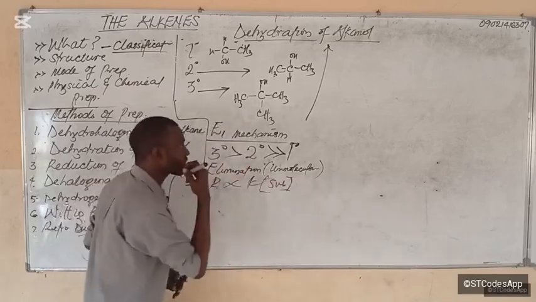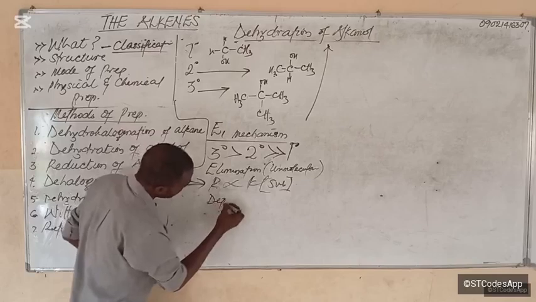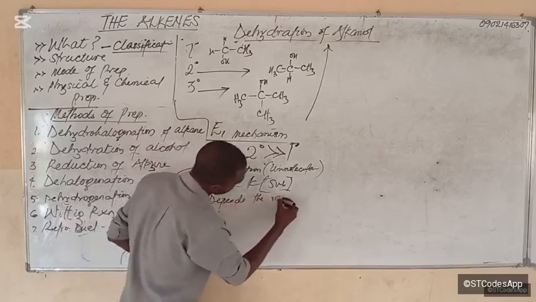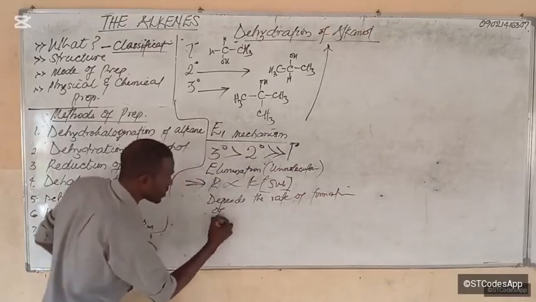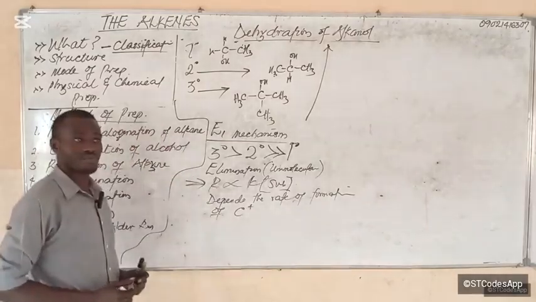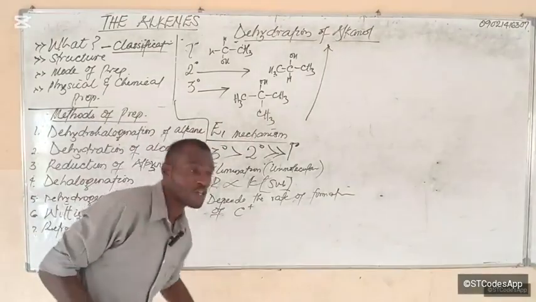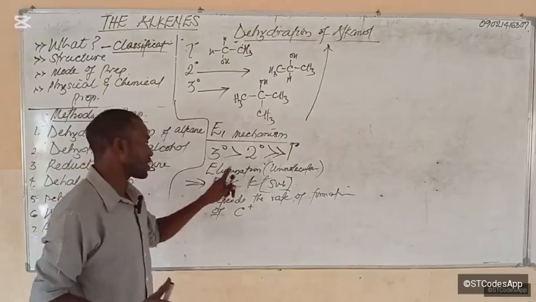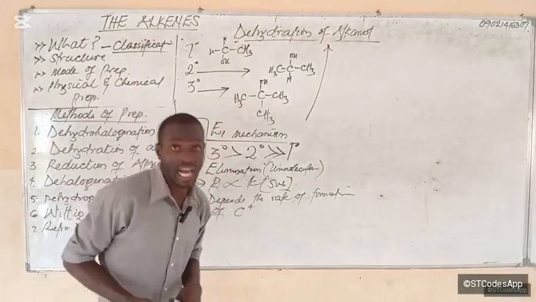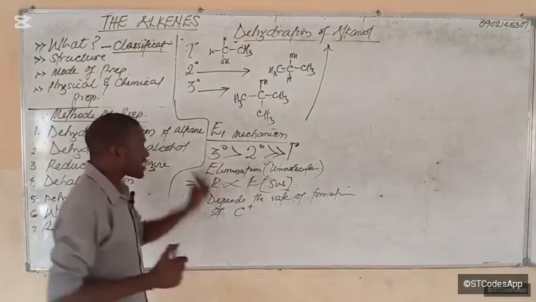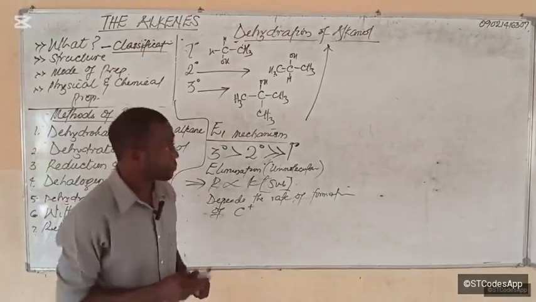This reaction rate depends on the rate of formation of the carbocation. So the rate of formation of the carbocation is what this reaction depends upon. If that is the case, then a stable carbocation has to be formed. So if a stable carbocation must be formed, then we must first form a good leaving group, right?